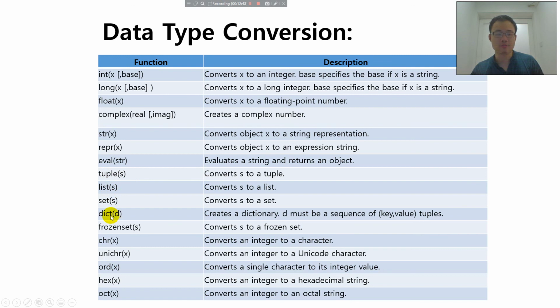Okay, you cannot really directly convert anything into a dictionary because a dictionary is pretty unique. It's a unique type of data, and we have others, mostly very special data types like Unicode characters or octal strings.